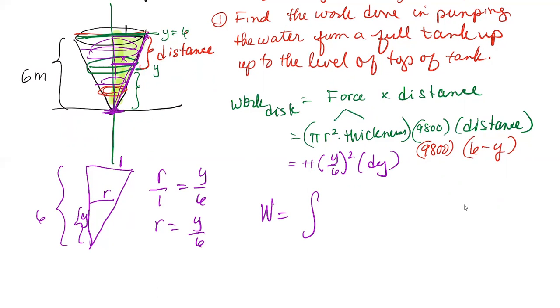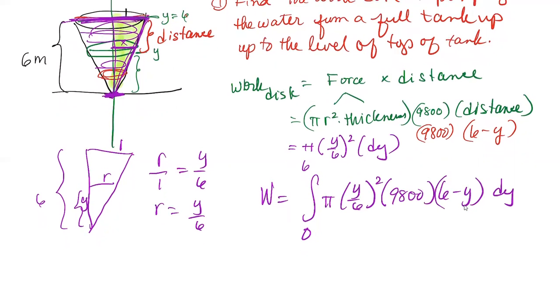Bottom disc of water is down here where y equals 0. The top disc is up here at y equals 6. So we'd be going from 0 to 6 since the tank was full. Okay, so we would have pi times y over 6 squared times 9,800 times 6 minus y dy.